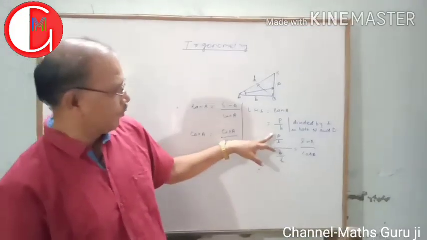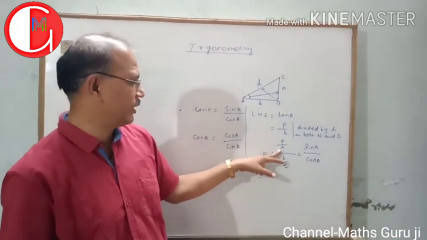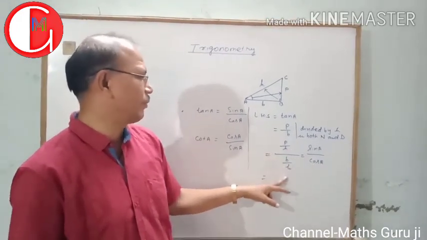So P by H becomes sin A, perpendicular to the hypotenuse, and cos A, base to the hypotenuse.